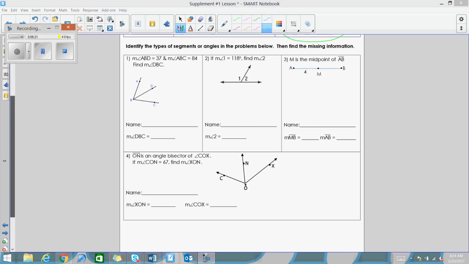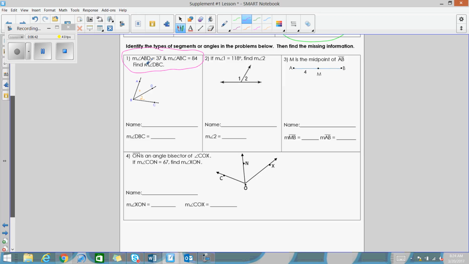Number 1 says identify the types of segments or angles in the problem below and then find the missing information. If I look at these two angles, let's call this angle 1 and angle 2. These two angles are adjacent. They're not a linear pair, they're just adjacent angles. So I'm going to read what they say up here.